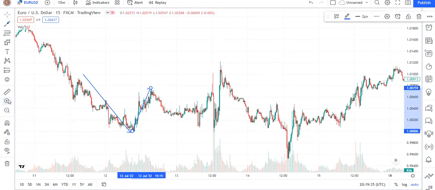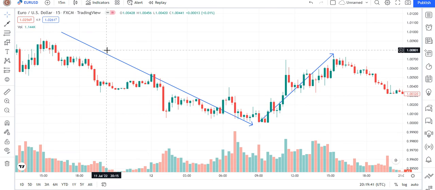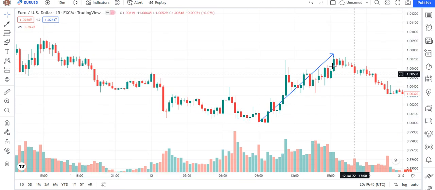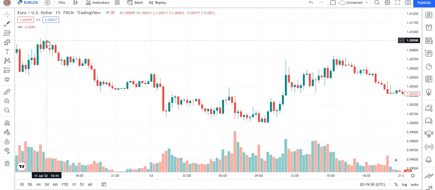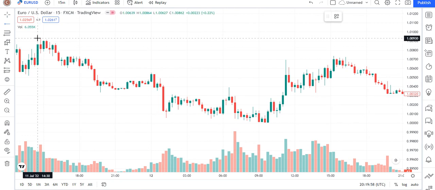So you will zoom in here. Look at this zoom icon here, you can just zoom in. Let me delete these things. Okay, you would mark out the top of the range. Look at this now, you get a horizontal ray and you put it there.